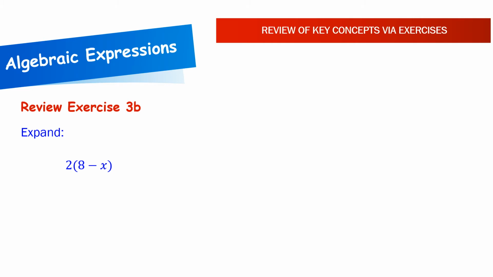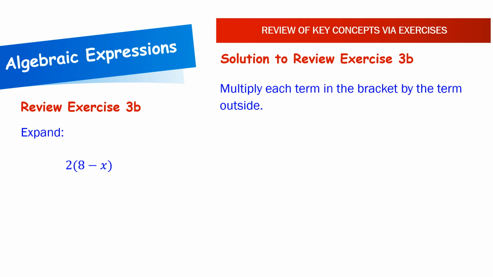For exercise 3b, expand the expression. Again, we multiply each term in the bracket by the term outside. And so 2 times 8 is 16. 2 times minus x is minus 2x. And here we've expanded the expression.